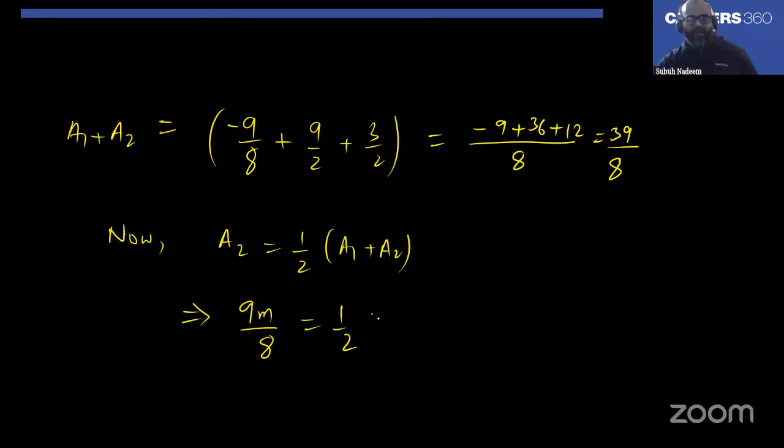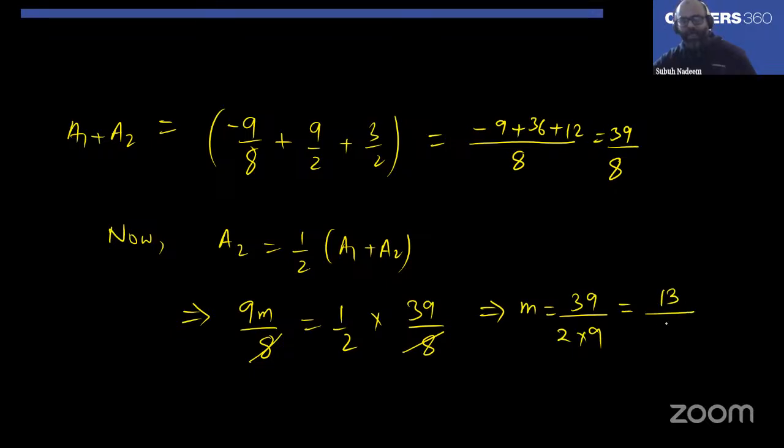And half of A1 plus A2 is 39 by 8. Okay. So this will give you, 8 cancelled, and this will become m equal to 39 by 2 into 9. This will be cancelled by 3. So it will become 13 by 6. So m is equal to 13 by 6.